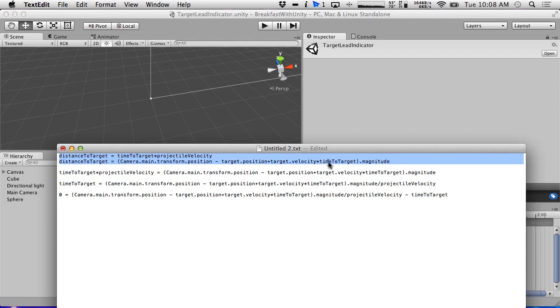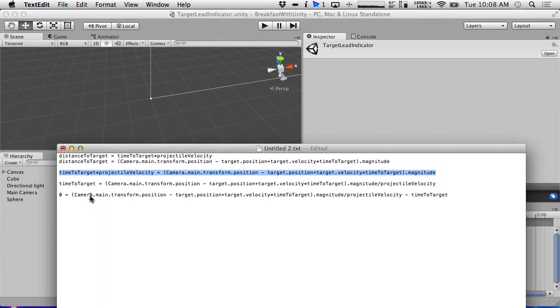Now, this is multivariable-looking stuff, but what we're doing is actually single variable. Our variable is time to target, but we have two equivalencies. So we can say that this equals this, and that's what we've done here. Then we need to solve it into quadratic form, and I started doing that. We divide both sides by projectile velocity, so we get time to target equals this whole thing divided by projectile velocity.